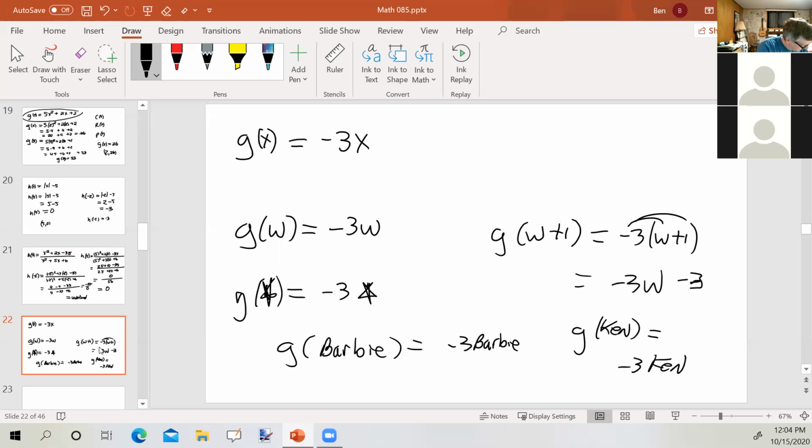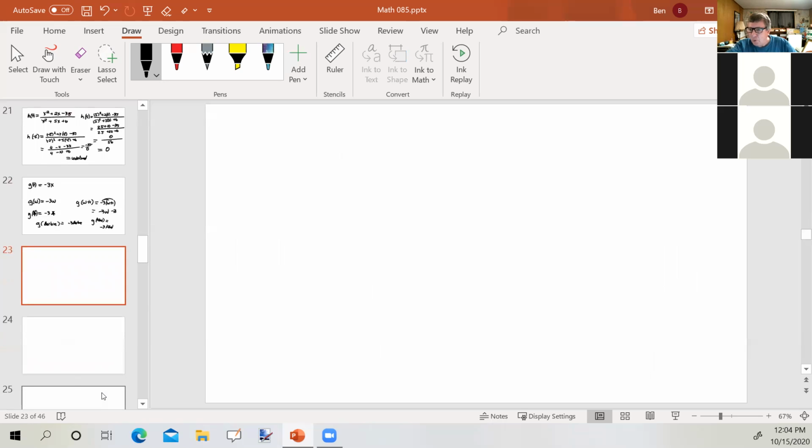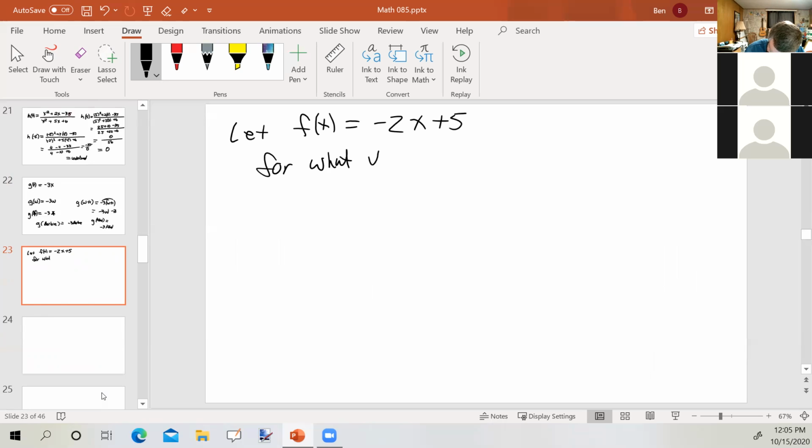All right, now. We've been putting inputs in and getting outputs out, putting X's in and getting Y's out. Let's say we let f of X equal -2x plus 5. For what value of X does f of X equal -7?